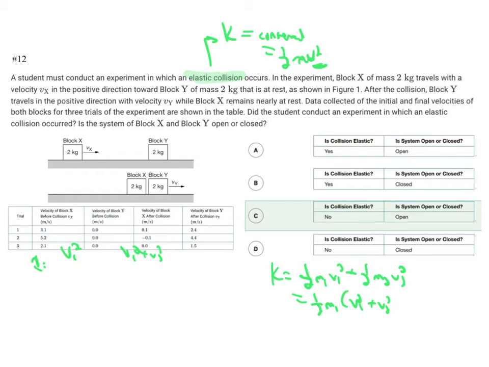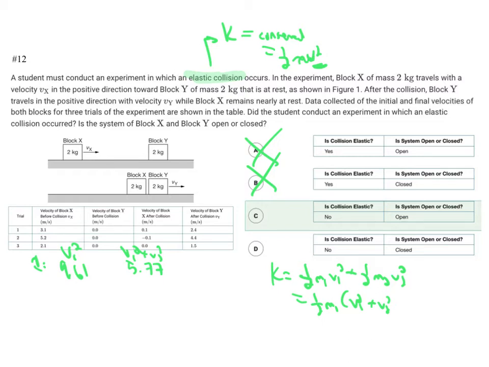So 3.1 squared is 9.61, and 0.1 squared plus 2.4 squared is 5.77. I'm not going to go any further and say the collision is not elastic. So that's out and that's out. And I'm not going to do the rest of them because that is so wildly off, and it will be wildly off for all of them.